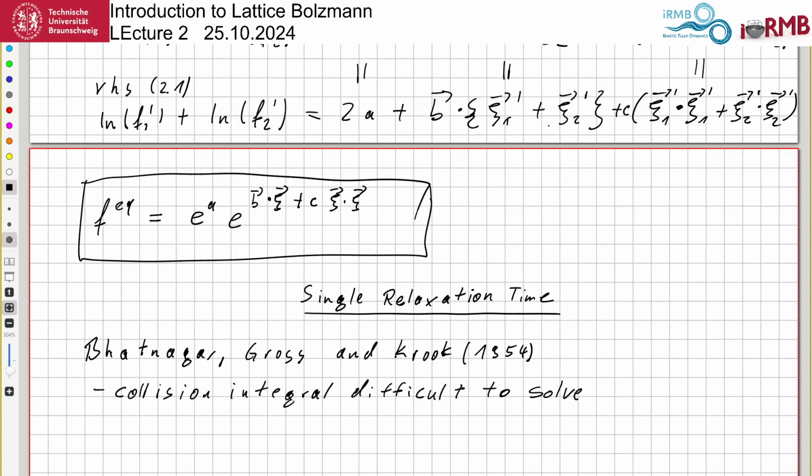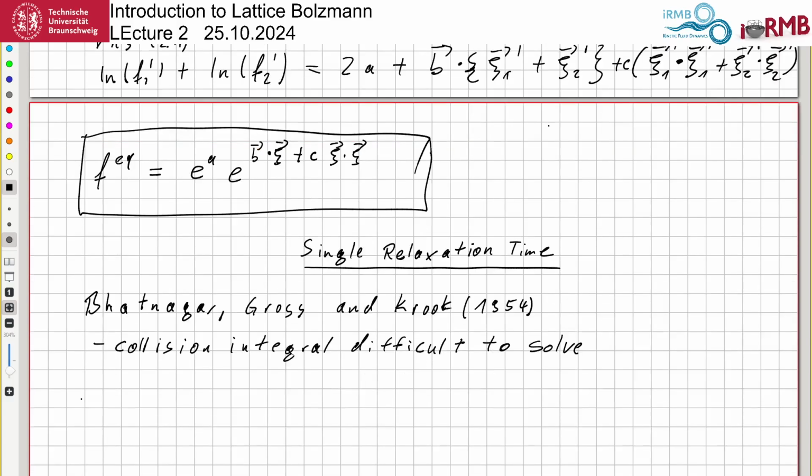Now they had the idea that we may not know... So this is supposed to be a light bulb. So this is their idea. What we know, according to the H theorem, is that the distribution is going towards the equilibrium.